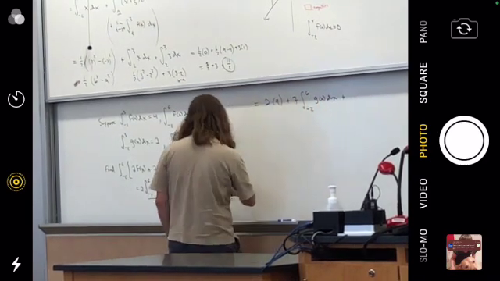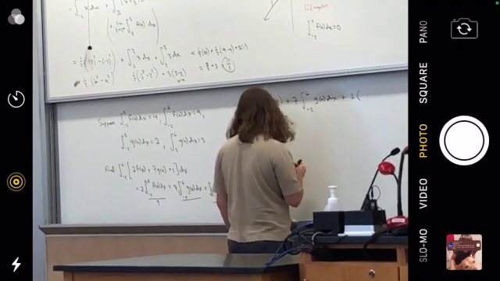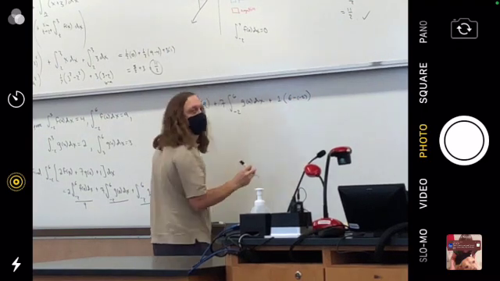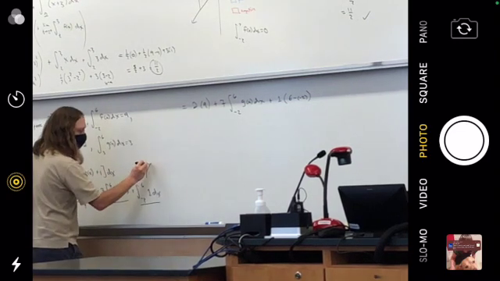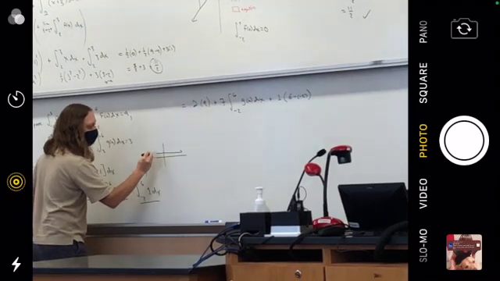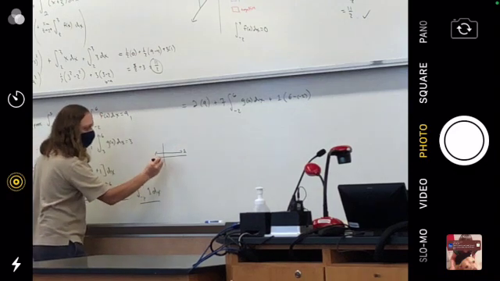What's this last one? 1 times 6 minus -2. Why is that? On a graph, it just looks like this, right? And then I want to go from -2 to 6.